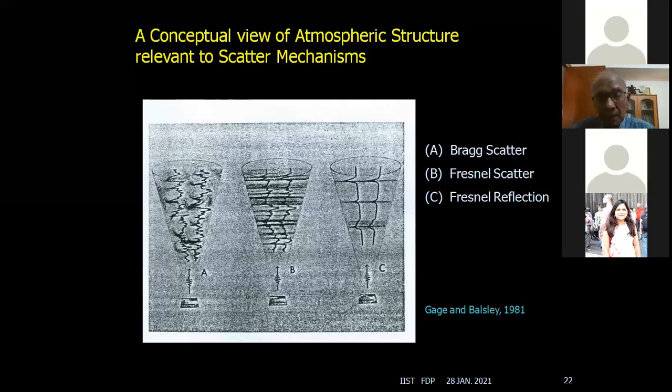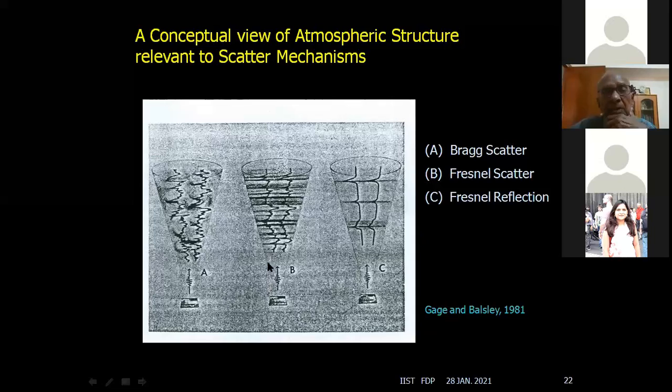And what does it mean by backscatter? You take the fluctuations of the refractive index, and if you Fourier analyze, there is a component which will coherently backscatter the radio signal.